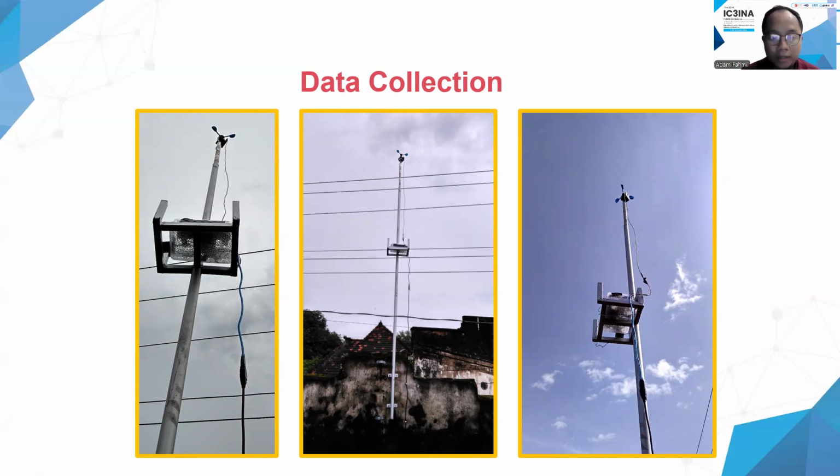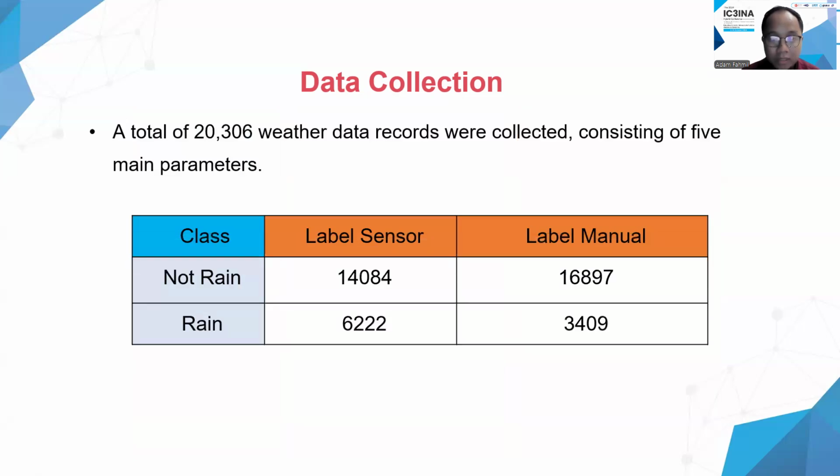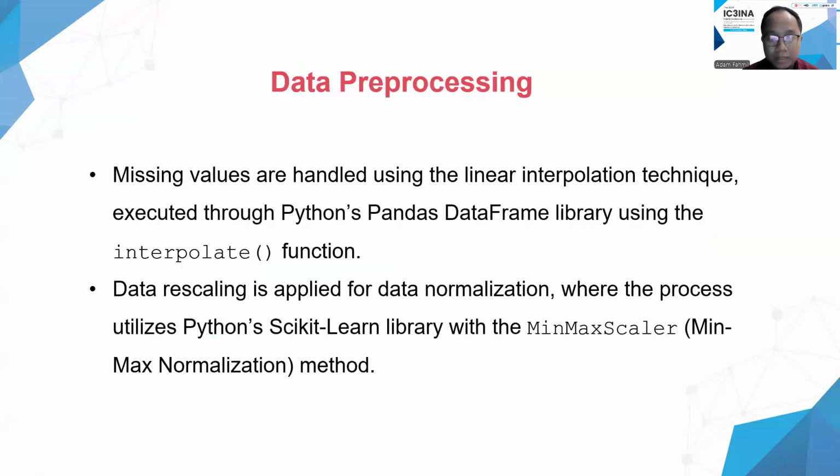I think the height is 7 meters from the bottom of our house. And we got 20,000 weather data records collected, consisting of 5 main parameters.